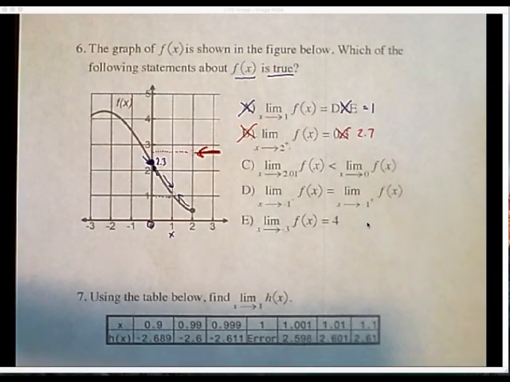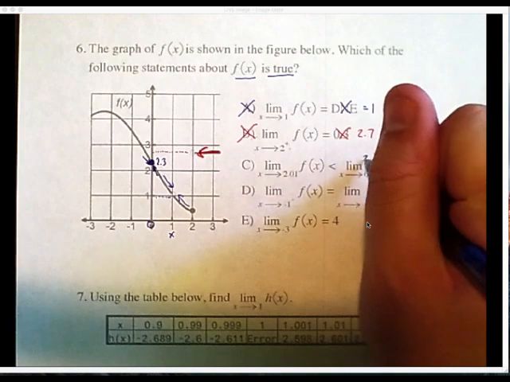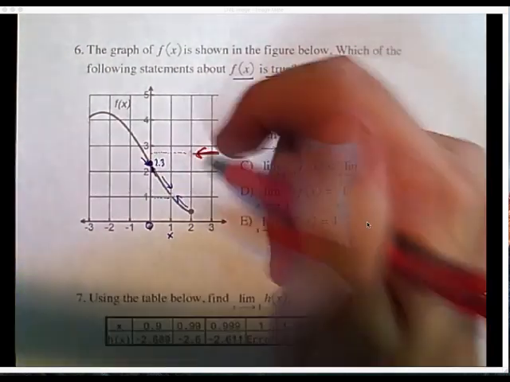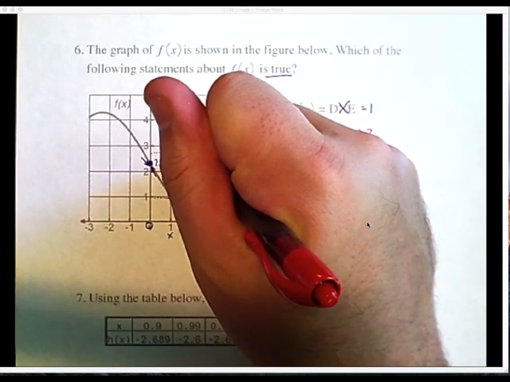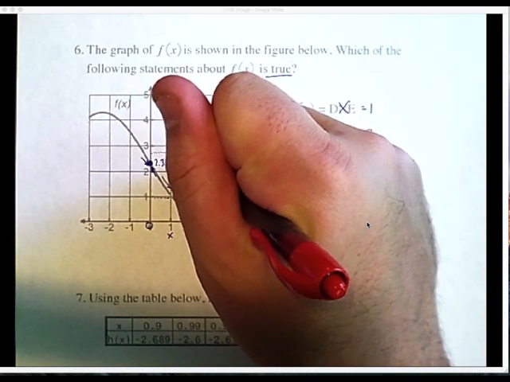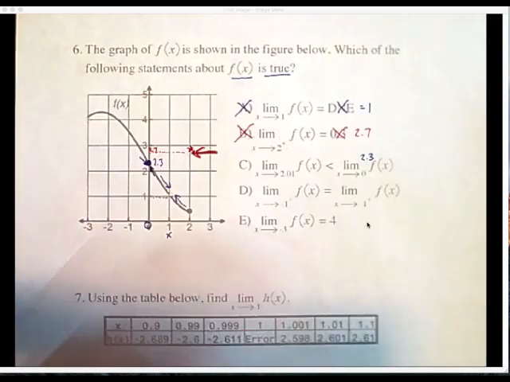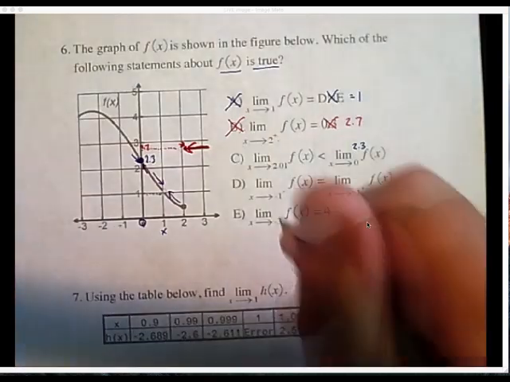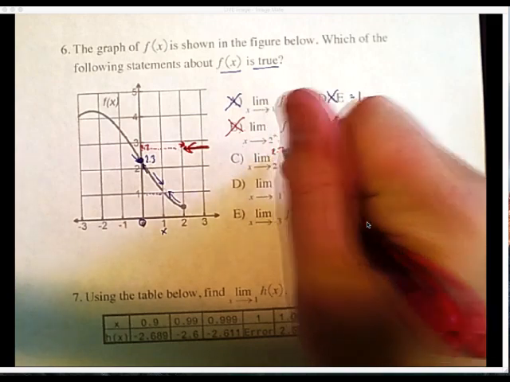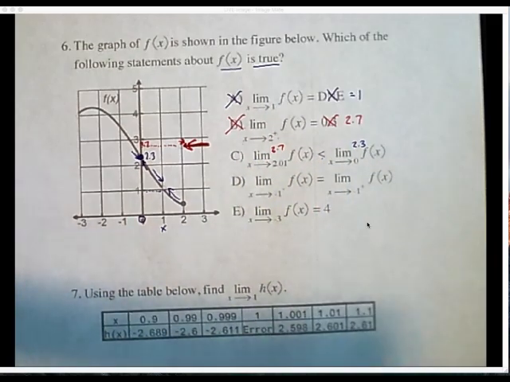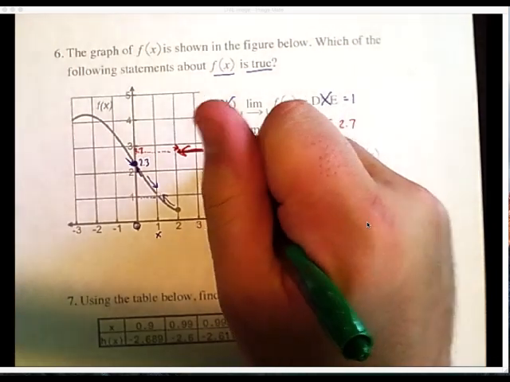But as I approach 2.01 from both sides, we've already figured out what that was, and we said that was 2.7. So ask yourself, is 2.7 less than 2.3? Hopefully you say, well, no, that's not true.